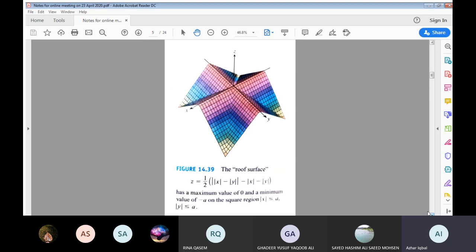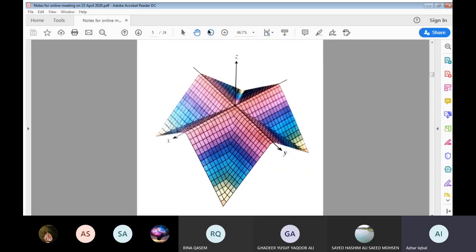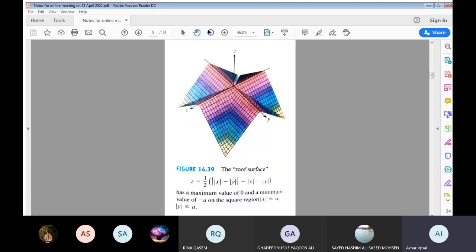Okay, so there is another example which is discussed, and here it looks like a roof surface, the roof of a house, for instance. So this roof surface is the plot of this particular function here.